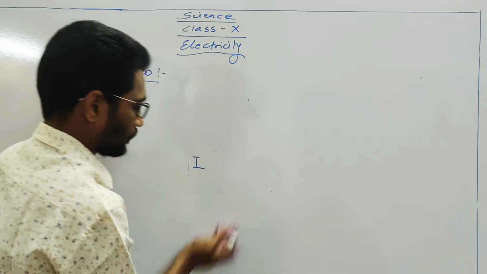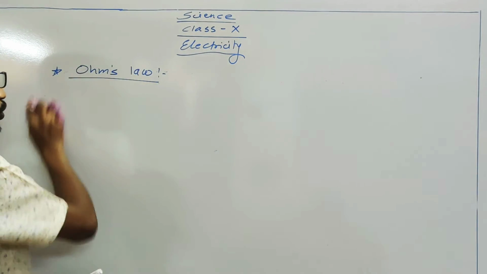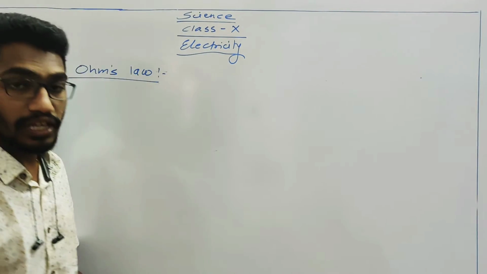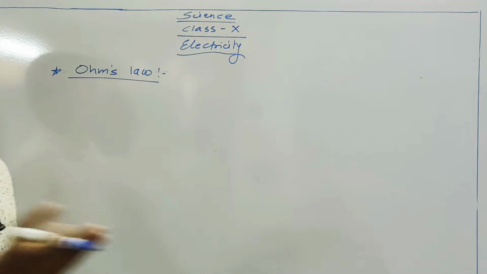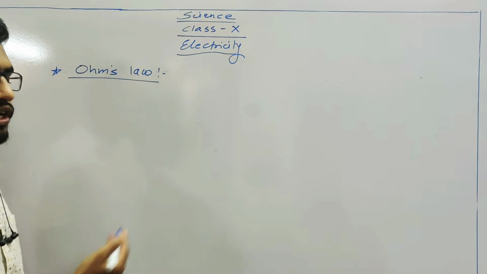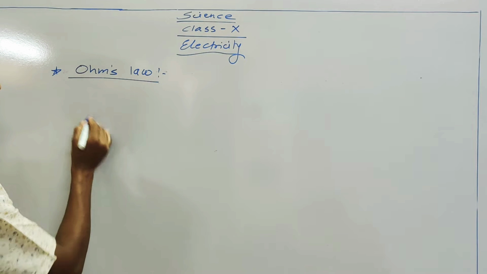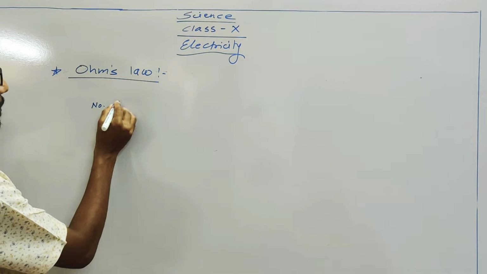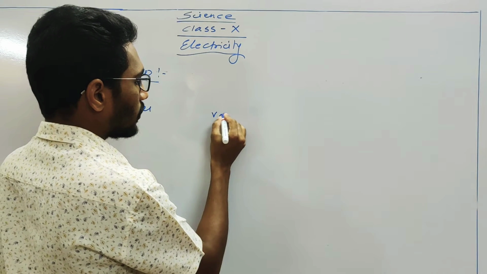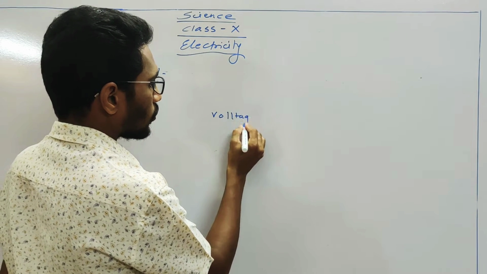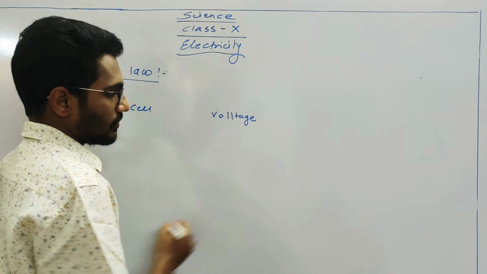Let's see. With respect to that practical given in the video, for example, if you take some random readings, some other readings were there in the video, we'll take some other readings. For example, the first reading is the number of cells. Another reading, the voltage provided by that cell.